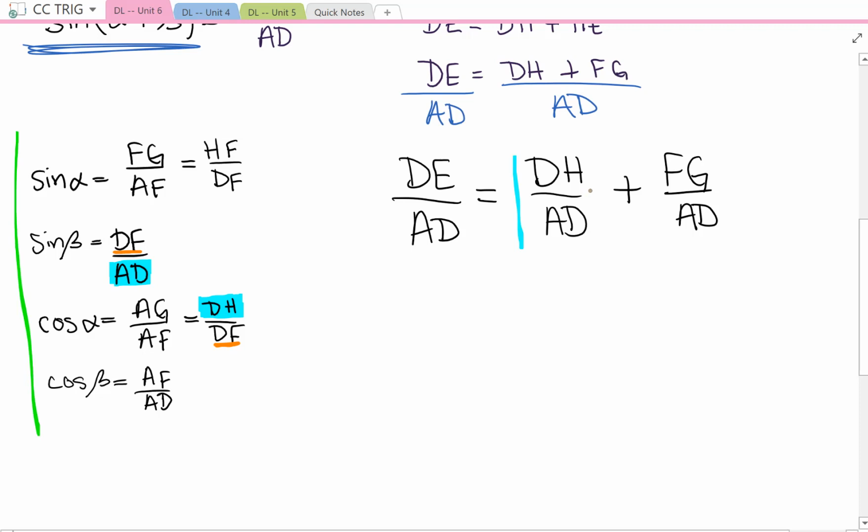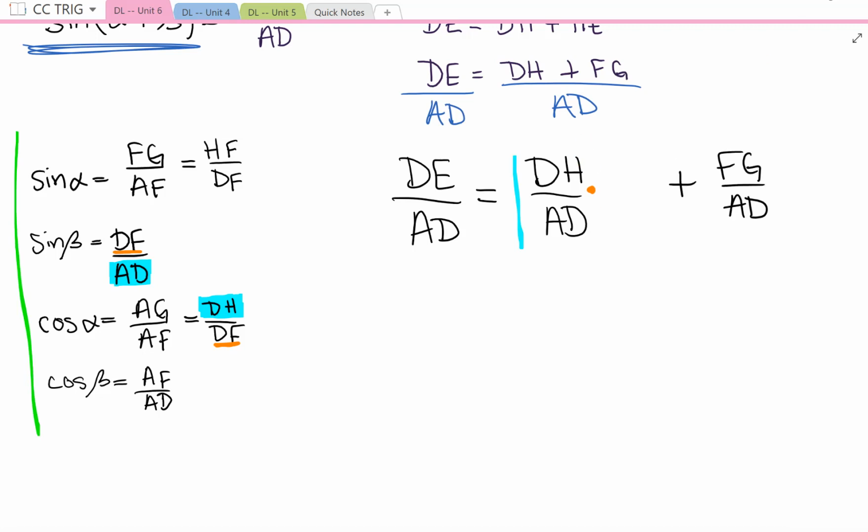Oh, so what we can do is multiply this ratio by a special form of the number 1 called DF over DF. The goal is to get ratios that I actually know the value of, or can label in terms of sine and cosine.